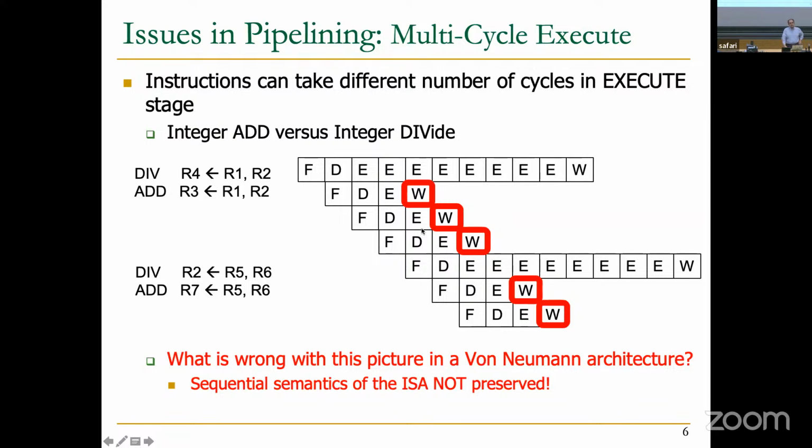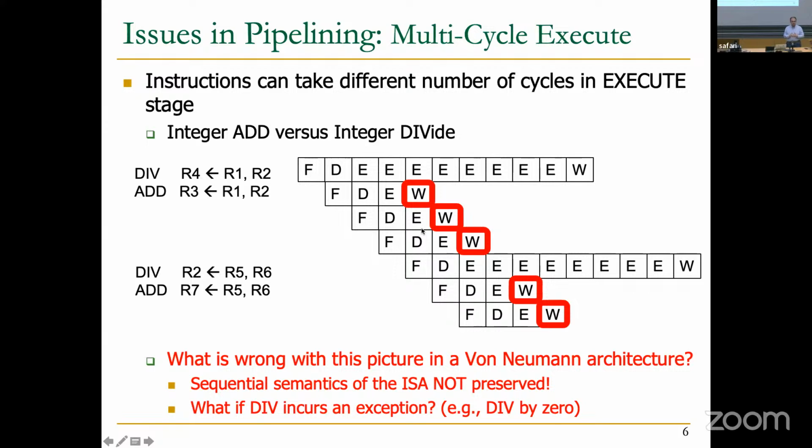And the problem is that, first of all, it's wrong based on the von Neumann model. And why does it matter? Because it complicates the debugging step, and also complicates how we can recover if something went wrong in execution. For example, in division, imagine you want to divide R1 by R2, and imagine that R2 is 0. So you have division by 0, which should not be done. This is considered an exception that we're going to see soon.